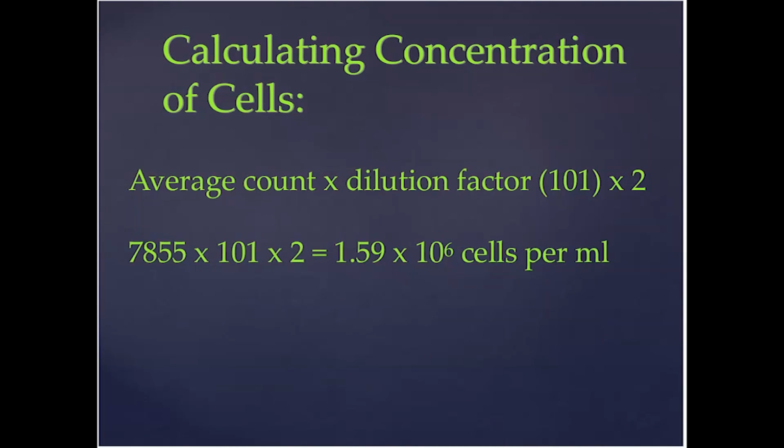We also have to multiply by 2 because the Coulter counter, the way we have it set, will only count 1/2 ml. So if you plug in the numbers, 7,855 times 101 times 2 gives us 1.59 times 10 to the 6 cells per mil, and that's pretty much equivalent to the previous two counts that we have performed.